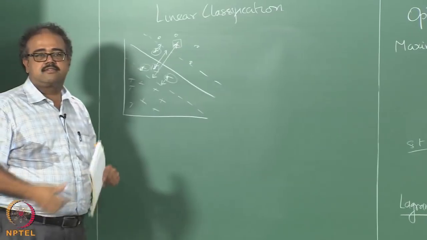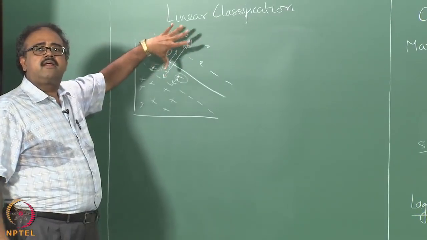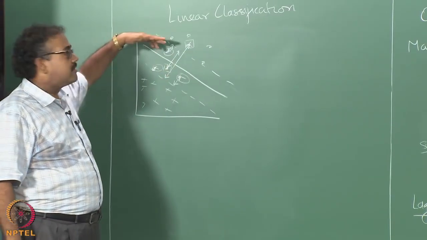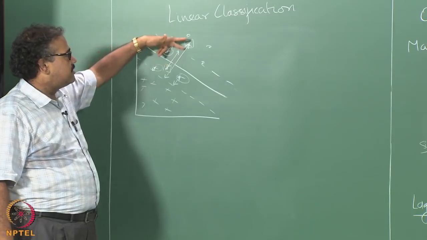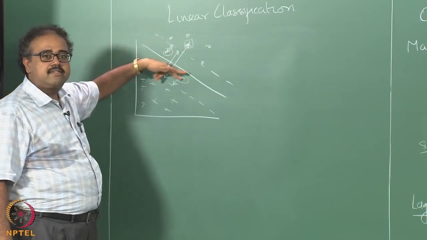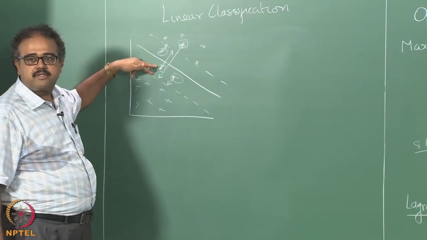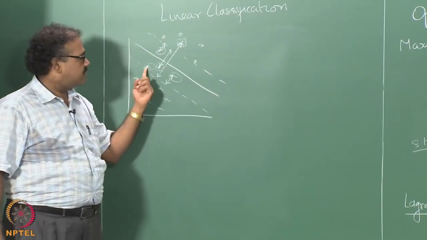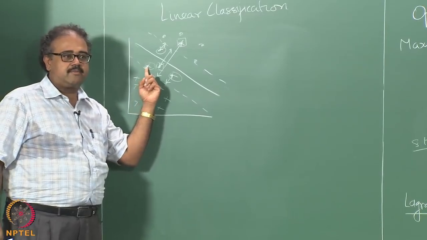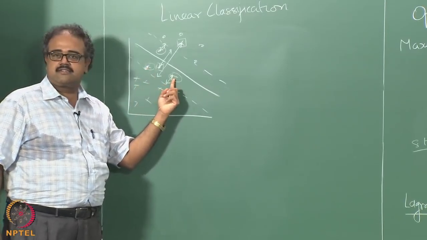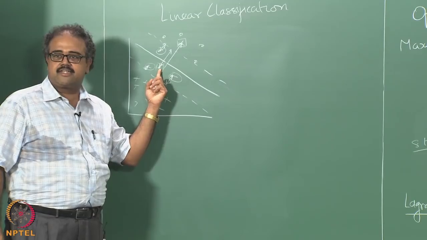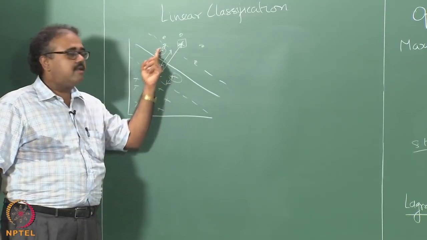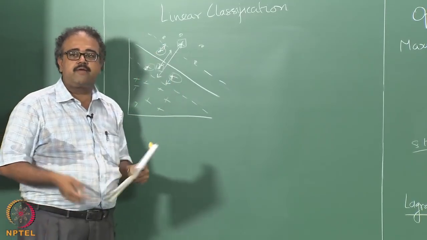Essentially what I want to do is minimize these distances, which I have marked here. This is a certain small distance inside the margin. This is a large distance inside the margin. This is a very large distance inside the margin. Likewise, I can mark each one of these, and I want to minimize these.